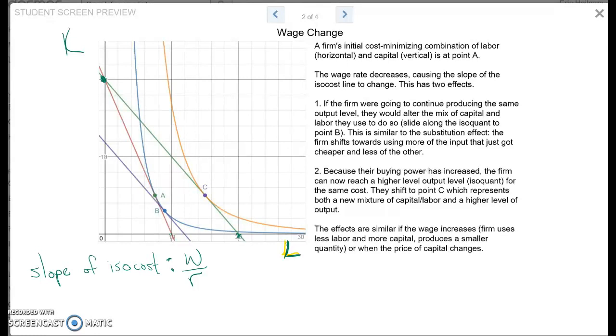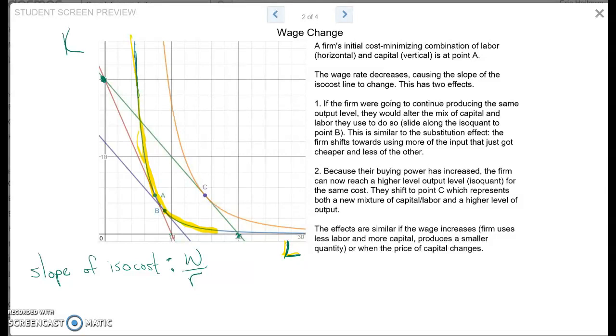So if we were still going to produce the same quantity as before, if we were going to stay on the blue isoquant, our point of tangency would shift to B to match the new W over R, the new slope of the ISO cost line.